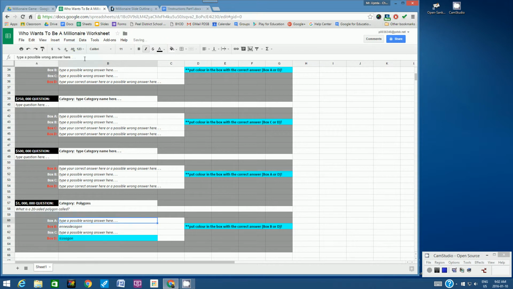Now for box A, I'm just going to fill in one of the others, and that was chiliagon. And for answer C, I'm going to type in my fourth option, which was hectagon. I've highlighted the answer in blue, and I've got my two 50-50 answers remaining. To be honest, this question is so challenging that even with 50-50, it's going to be hard to guess, right? You have a one in two chance to guess.